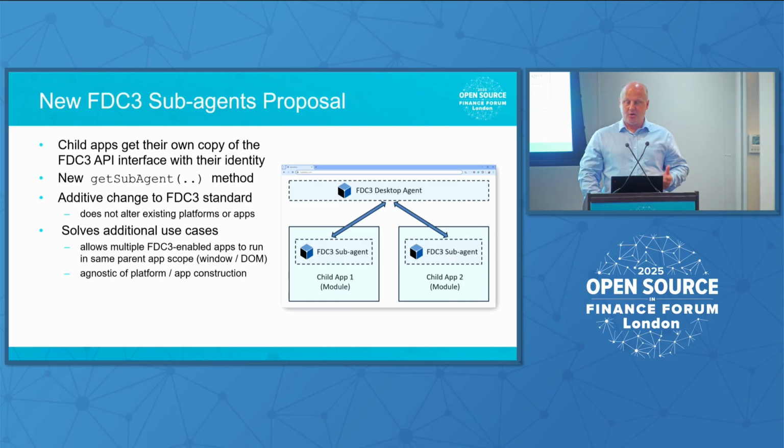Importantly, this is agnostic of how your platforms or your apps are constructed. It doesn't matter whether the child apps, for example, are eager loaded or lazy loaded or whatever technique you've used to bring them into the world. The important thing really is that those apps are hosted in the parent app window and they execute in the parent app window as opposed to within iframes.